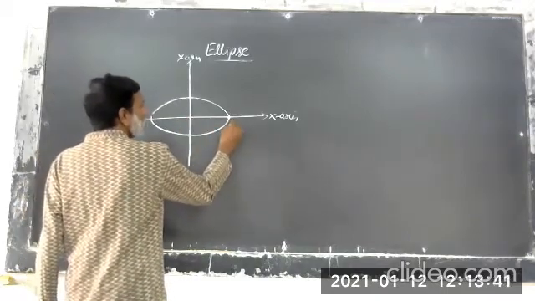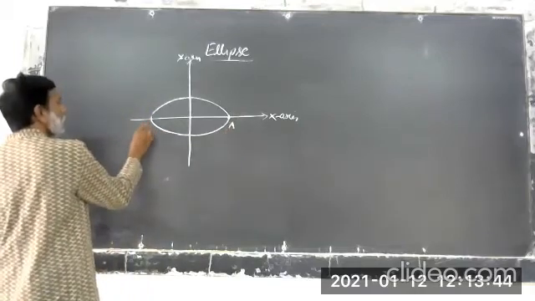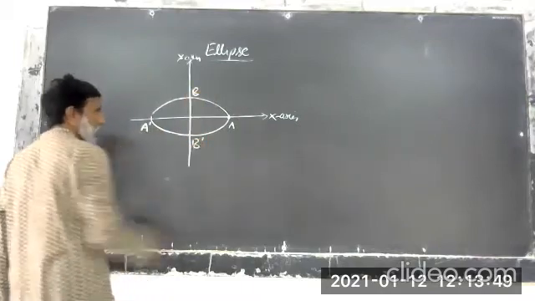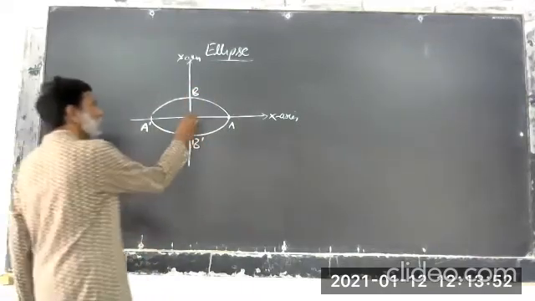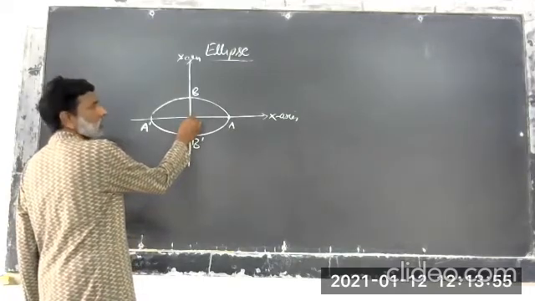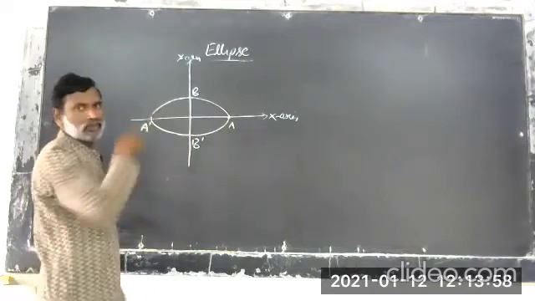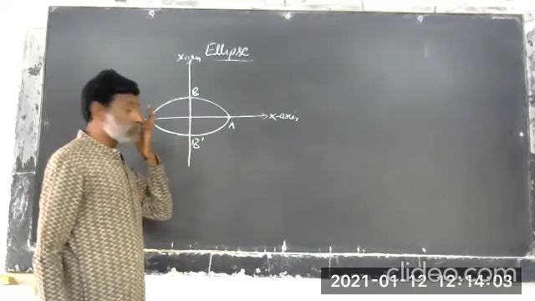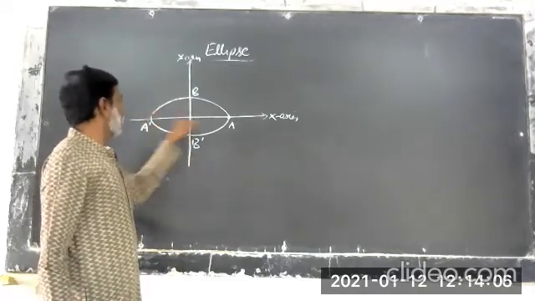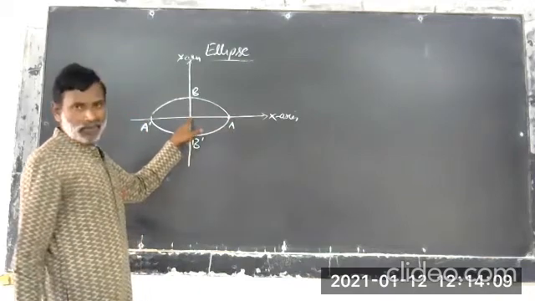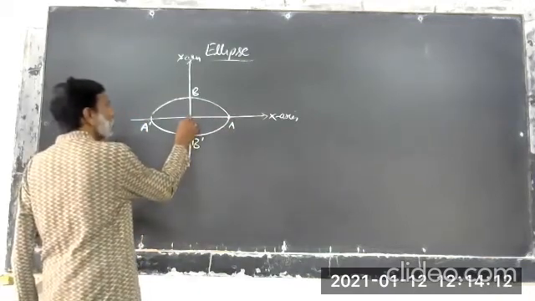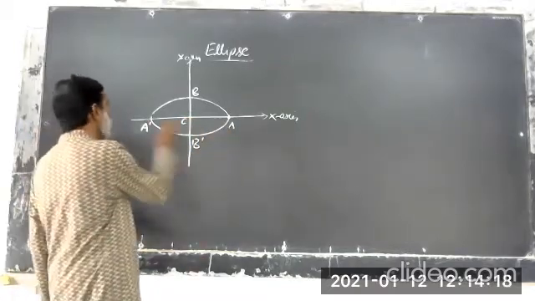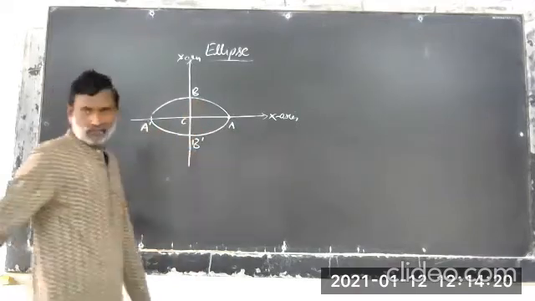So, let us say this point as A, this as A dash, and this is B, B dash. And this point is the midpoint of A dash and B dash. During the construction while proving the equation of an ellipse in the standard form, we have seen A dash is bisected at a point, and we denoted this point by C. C is the midpoint of A dash and B dash as well.